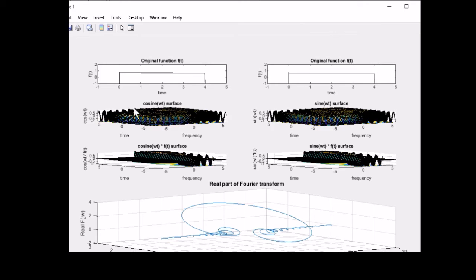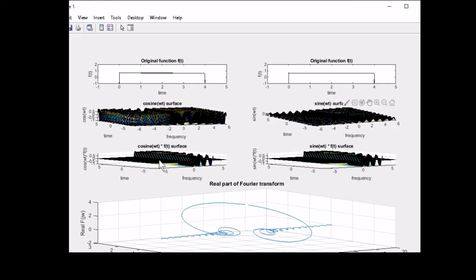That original function modulates this cos omega t surface, so you should be able to move that surface round about. And it modulates the minus sine omega t surface here, and you've got the functions here which have been modulated.